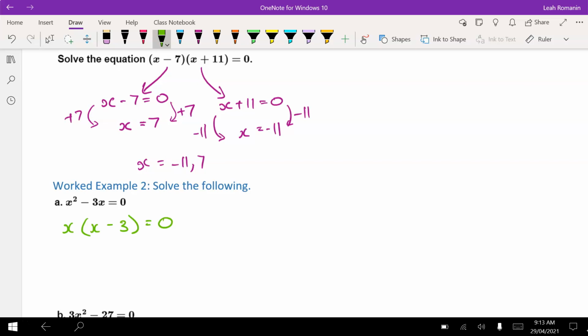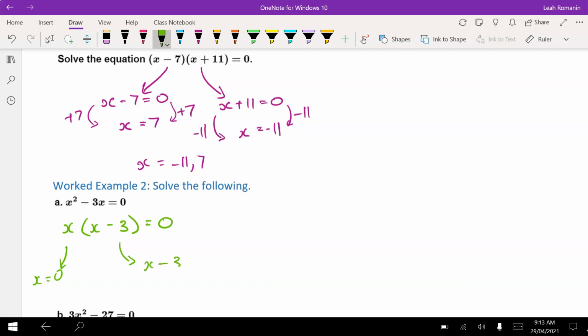Now, I obviously do not have the two brackets that I had last time, but I still have a bracket and an x on the outside. So when we have an x just floating there on the outside, that immediately tells me that that factor could be that x equals 0. The solution for that particular one would be that x is equal to 0. With the bracket, we are doing the same thing that we did last time.